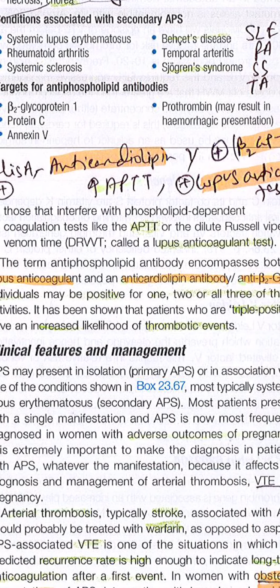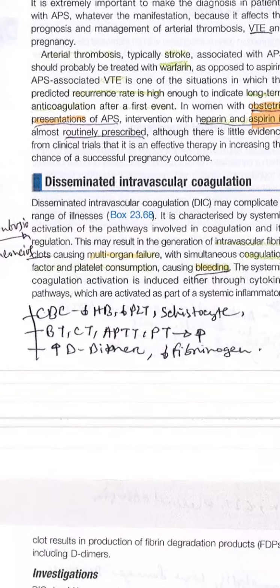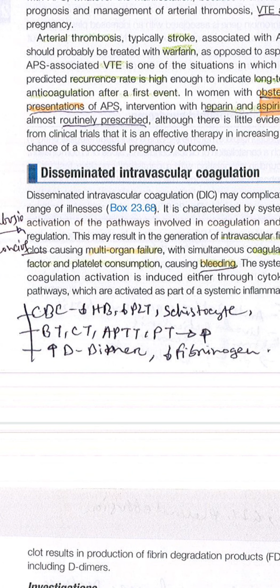What investigations you should do in case of DIC: in CBC, you will see decreased hemoglobin, as DIC leads to thrombotic microangiopathic intravascular hemolysis. There will be low hemoglobin. Consumption of platelets leads to decreased platelet count, and intravascular hemolysis leads to schistocytes, increased LDH and increased reticulocyte count.